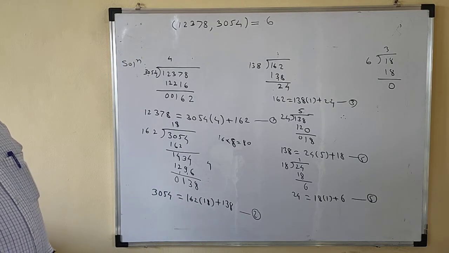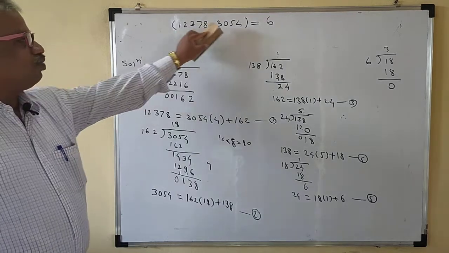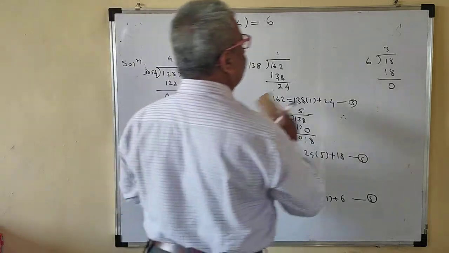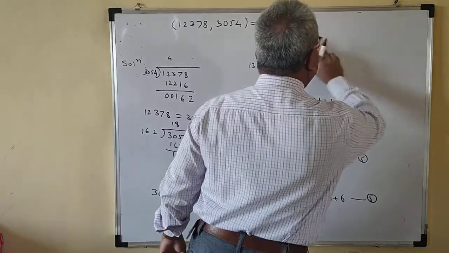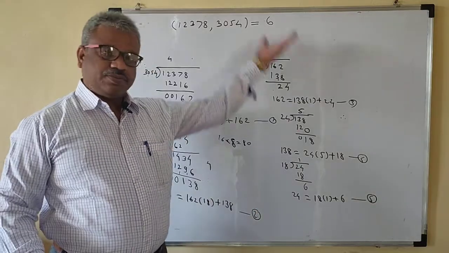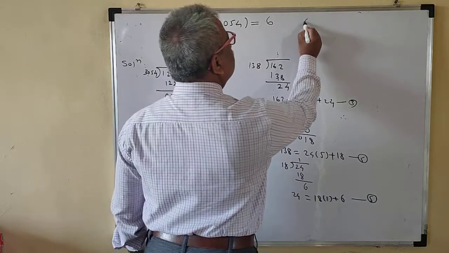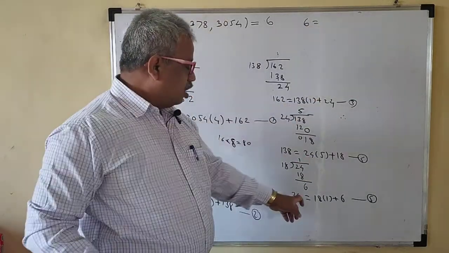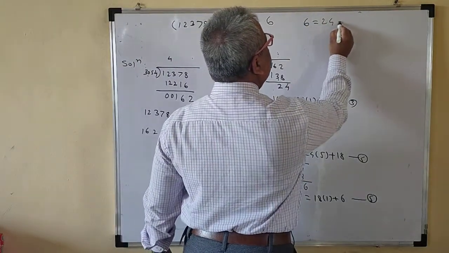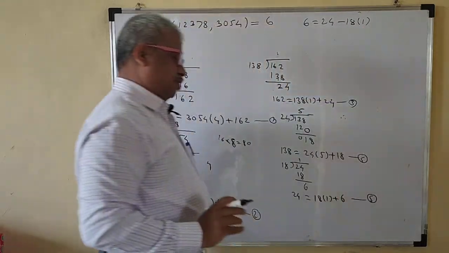Now we have to express this GCD in terms of these two numbers now. So that we will do now. So how to do? We go by the reverse way now, right? So 6 is here. So what is the value of 6 here now? 6 is equal to 24 minus 18 into 1.